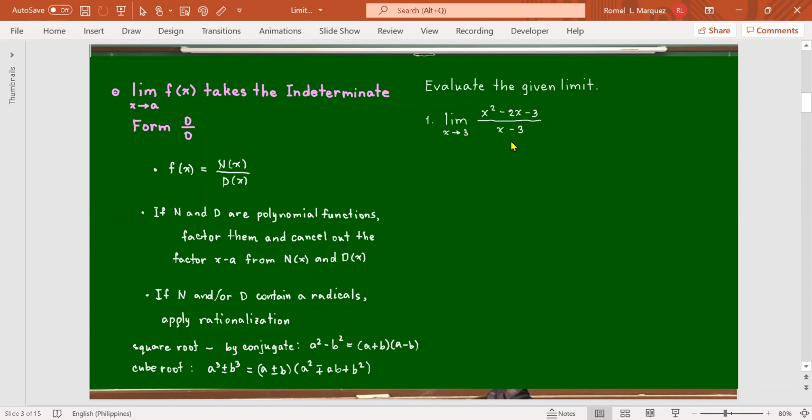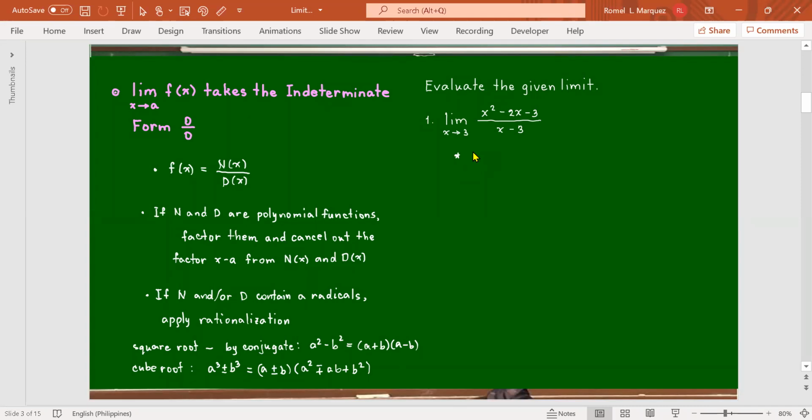Number 1, limit of x squared minus 2x minus 3 all over x minus 3 as x approaches 3. What do you think here, guys? So let's check the limit of the denominator.